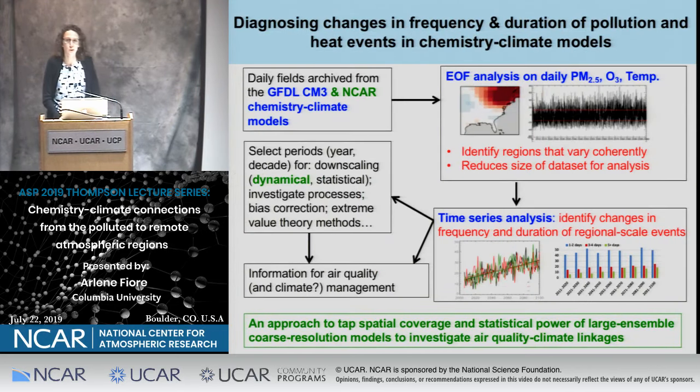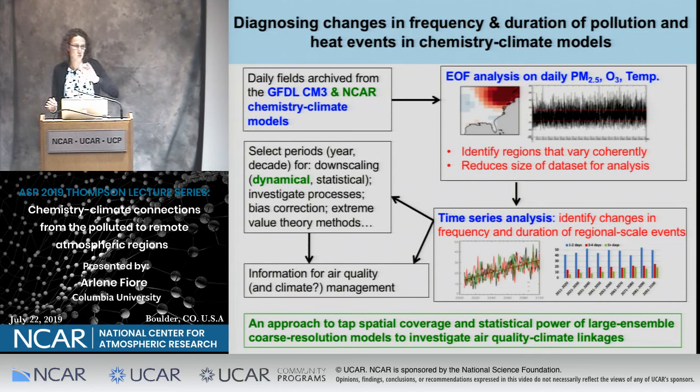Okay, so basically the goal of this project was to think about a way that we could diagnose changes in frequency and duration of pollution. We're also working on heat events in these chemistry climate models. What I've shown you today is one piece of a larger project, and where we're headed with this is sort of 2 angles.